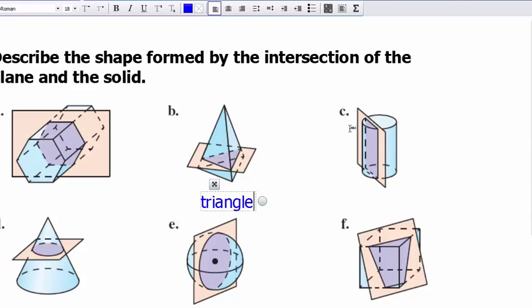Think about when we slice this. There is no rectangle on here, but when we slice it, it's going to be a rectangle. Both of our next two shapes, when we slice them, we will get a circle. That circle can come off of a cone or in any direction off of a sphere.